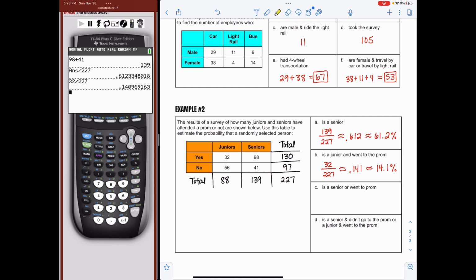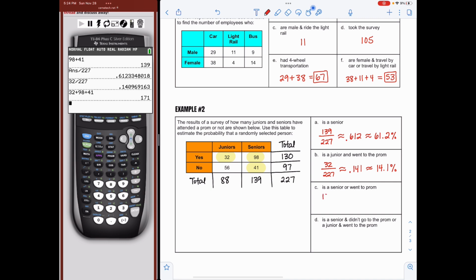Part C says that we want to find the probability that the person was a senior or they went to the prom. So the number of seniors was 98 and 41, okay? Or they could go to the prom. So the number of people who went to the prom was the 98 seniors and the juniors, which was 32. So if I add them all up, I will have 32 plus 98 plus 41, and I would get 171.